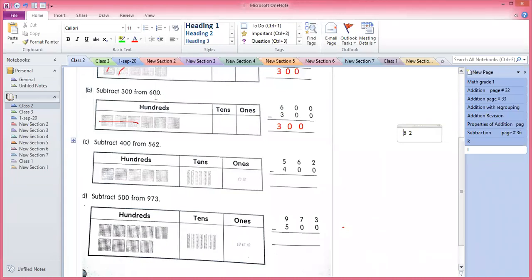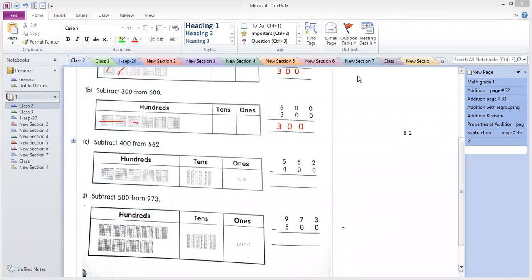Now, for the hundreds, I will take one more participant. For subtracting 100, I will take Mashari. Can you hear me? Mashari, can you hear me? You cannot hear me.